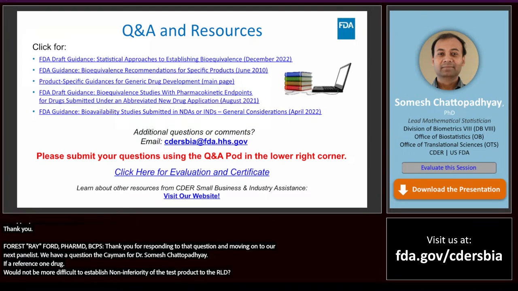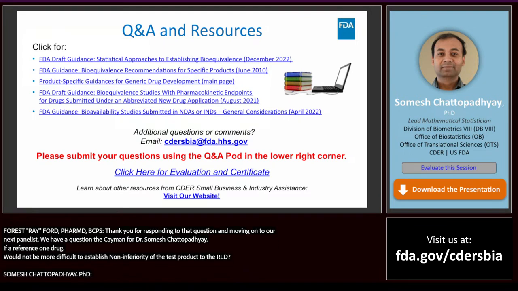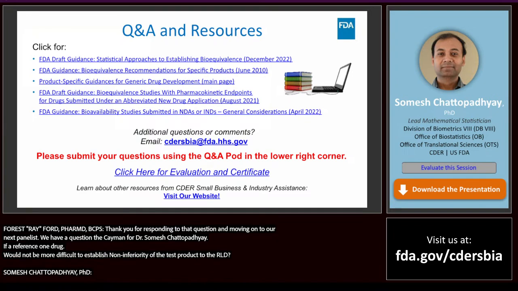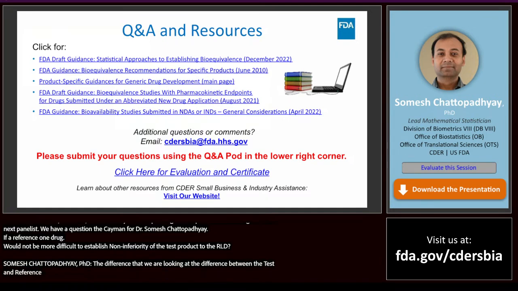Hello, this is Sumesh Chattopadhyay. If it is on this scale, the difference that we are looking at, basically the difference between the mean adhesion score in the test arm and the reference product, is not going to be affected by how adhesive the reference product is.